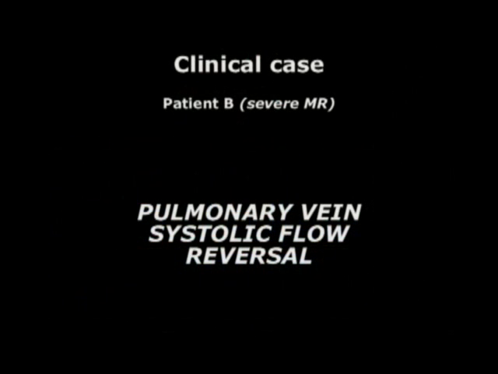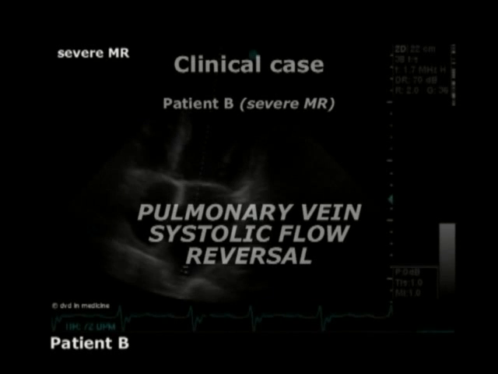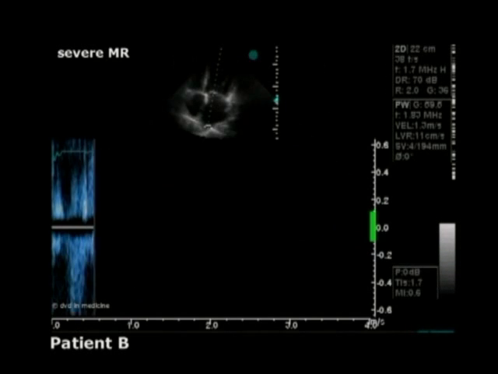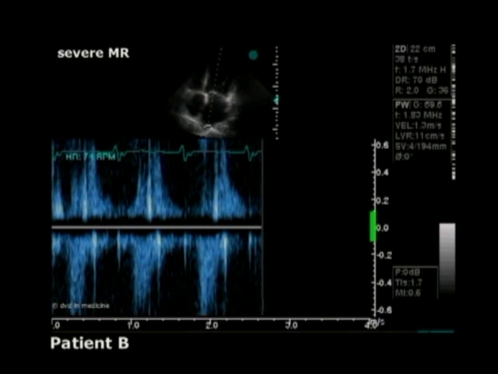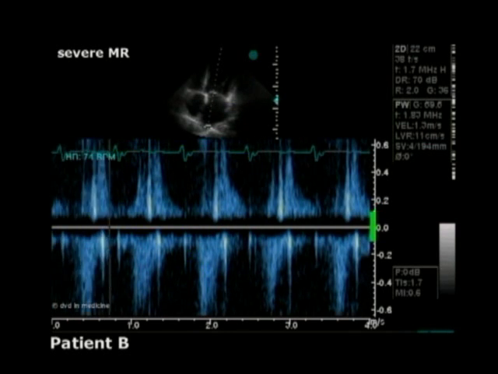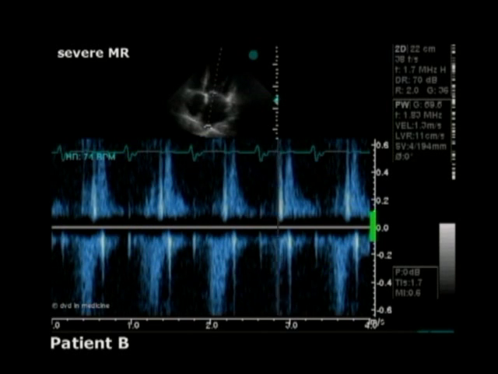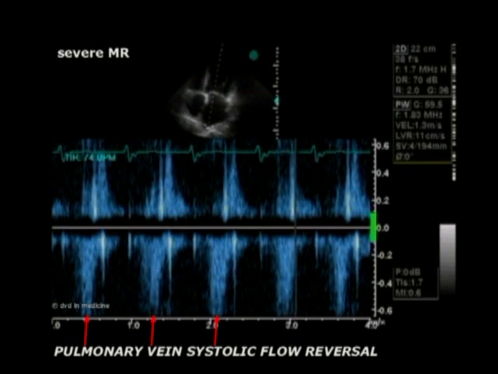Patient B with severe MR. Pulmonary vein systolic flow reversal.